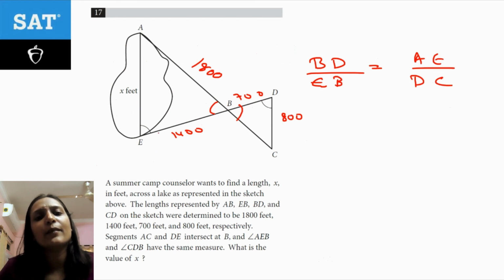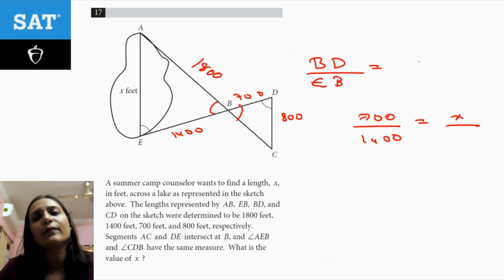So BD by EB is going to be 700 divided by 1400 should be equal to AE, which is X divided by, sorry, BD by EB should be the same as DC by AE. My bad. This should be DC by AE. So this would be DC is 800 and X.